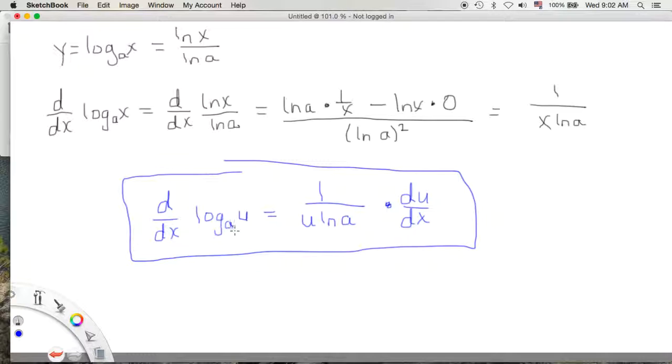So if we have the log base a of u, then this is our general form. Now, if you notice, if your a is e, which is the natural log, which we just did, if you plug that in, you're taking the natural log of e, which is just 1, and you're back to the other formula, which is the way it should be. So you make sure you've got that.